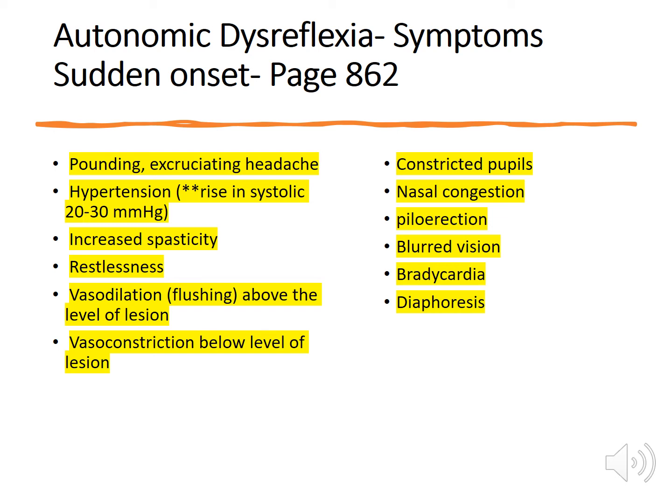Other symptoms are constricted pupils, nasal congestion, piloerection, also known as goosebumps, blurred vision, bradycardia, and diaphoresis. So these are the symptoms that you should know to look for when you are dealing with patients with spinal cord injury because they are at risk of developing this life-threatening situation.